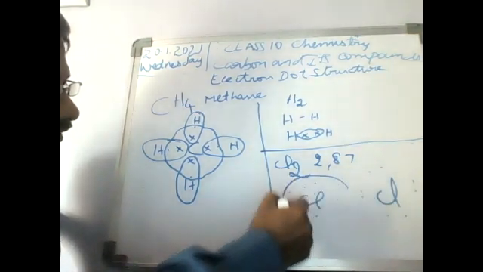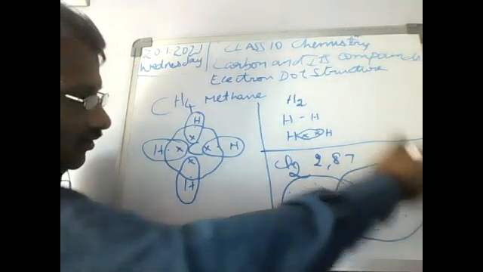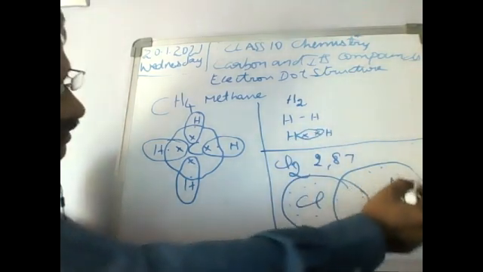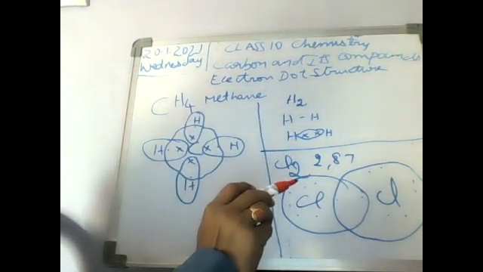Now we can draw like this. Each chlorine has 8 electrons: 1, 2, 3, 4, 5, 6, 7, 8. So 8 electrons are completed.